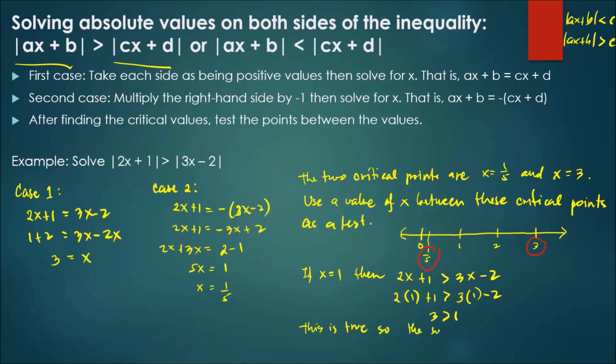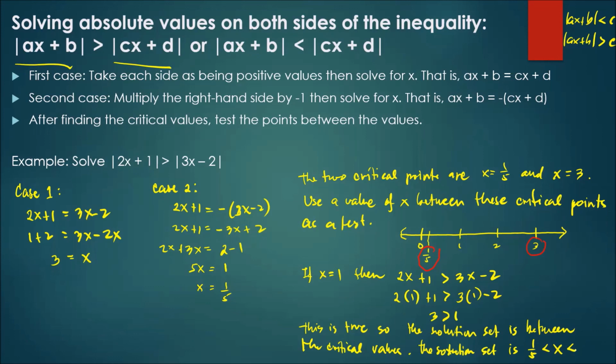So the solution set is between the critical values, or the critical points. Therefore, the solution set is x greater than 1/5 but less than 3. Okay, so that's how we do it if we have two absolute values.